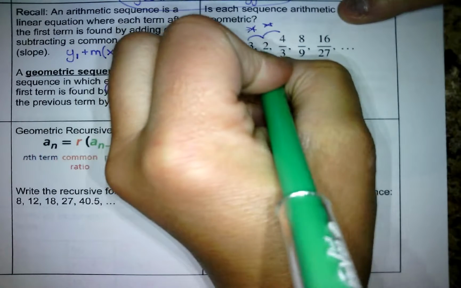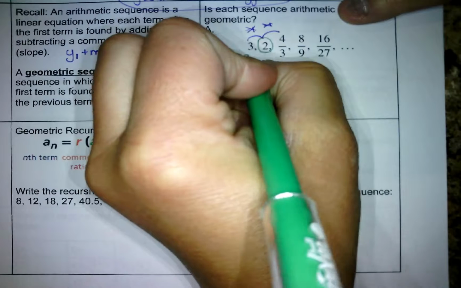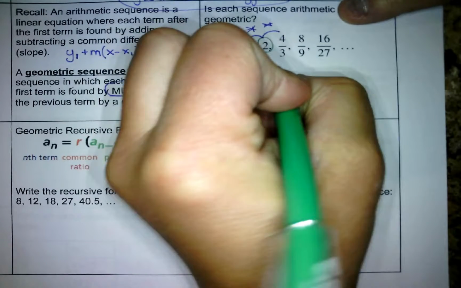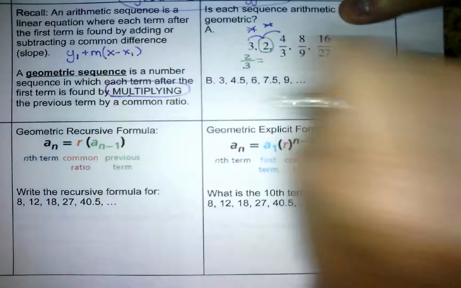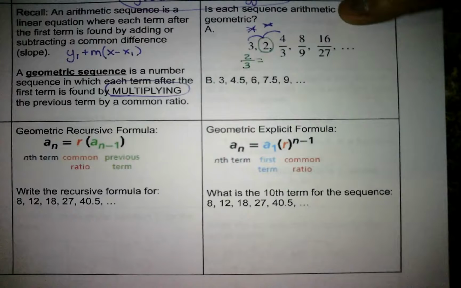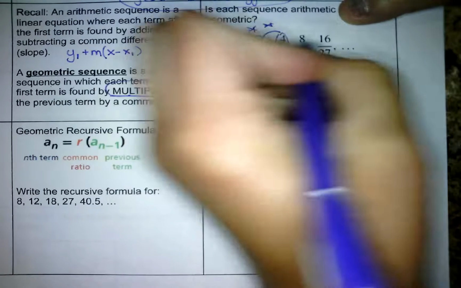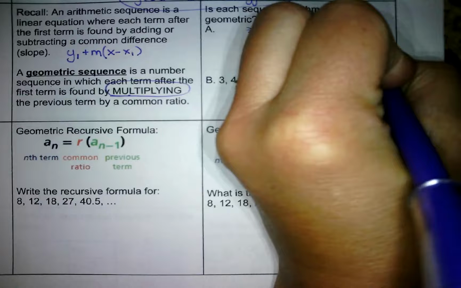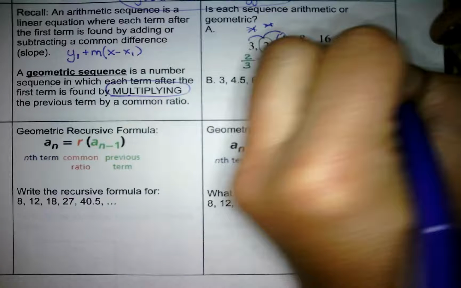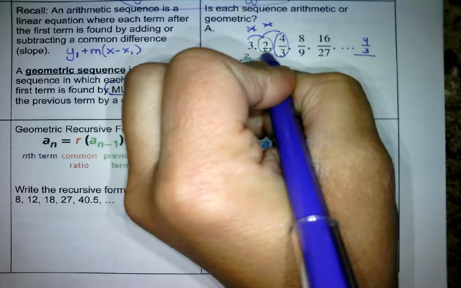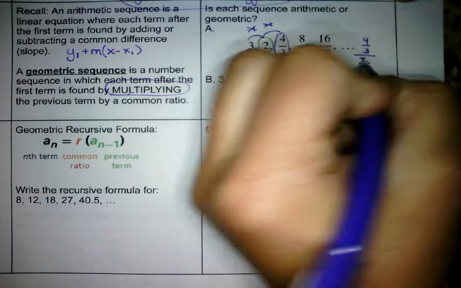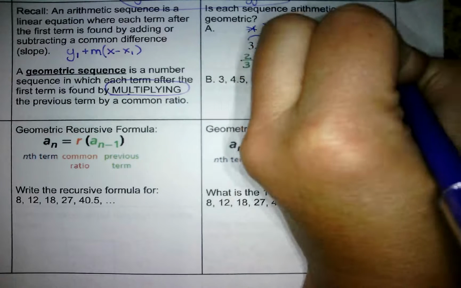To do this, we're going to take the second term and divide it by the first term, and we get 2/3. Then we're going to do the same thing again, but we're going to take the third term and divide it by the second term. And we never divide by a fraction.